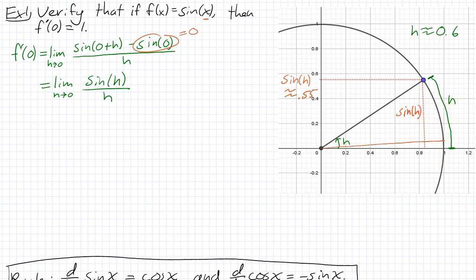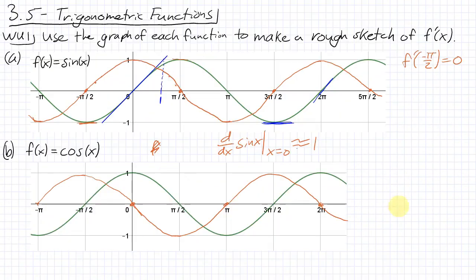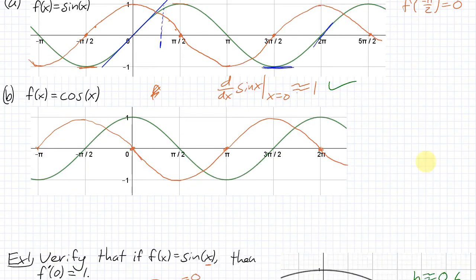That means the ratio of them is going to come out to be exactly 1, because those are going to get to be the same thing the closer h is to 0. So that is a slightly more formal argument of the fact that this is actually equal to 1. It's not just close to 1.